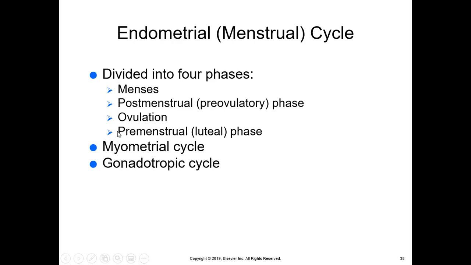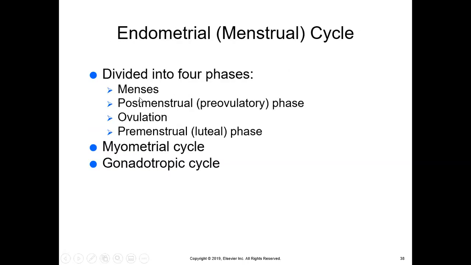But if the egg is not fertilized during this premenstrual or luteal phase, then you go through the sloughing off period, or the menses, and that's where the blood starts flowing and the tissue from the inner lining of the uterus, that's menses. And then after the blood flows, you have the postmenstrual or pre-ovulatory phase, and then it goes through it again. It's pre-ovulatory, the ovary is getting ready to send out another egg, and then you ovulate again.